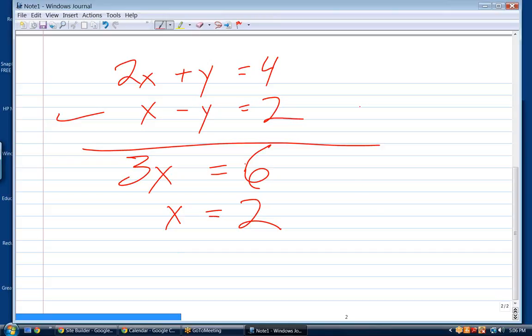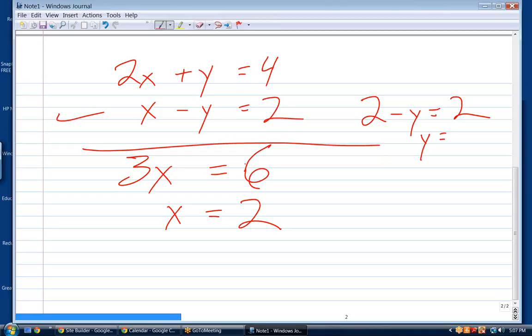In other words, I'm going to have 2 minus y equals 2. What does y have to be equal to? 2. Well, 2 minus 2 would be equal to 0. So that's not right. Not sure.